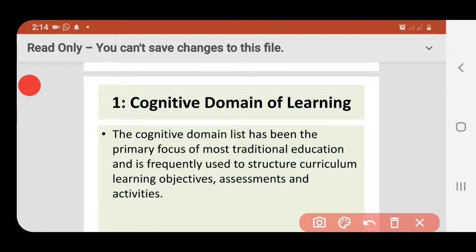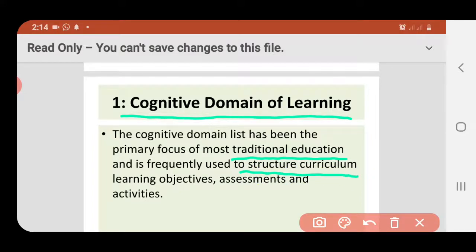Now we see the cognitive domain, which is number one in the classification of this learning or taxonomy. The cognitive domain list has been the primary focus of most traditional education and is frequently used to structure curriculum.